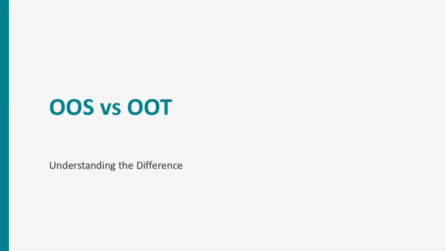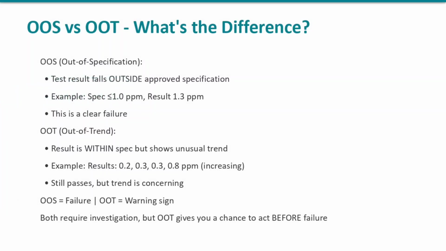Now let's talk about OOS versus OOT. OOS, which is out of specification, means a test result falls outside the approved specification limit. Example: specification says less than or equal to 1.0 parts per million. Result is 1.3 parts per million. This is a clear failure. OOT, which is out of trend, means the test result is within specification but shows an unusual trend or pattern.